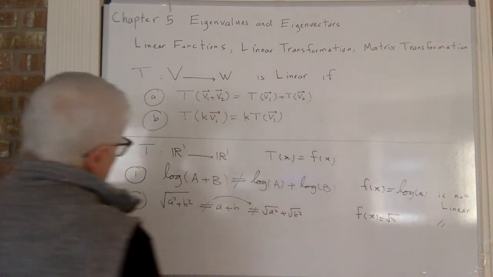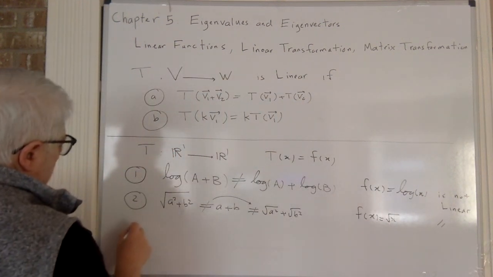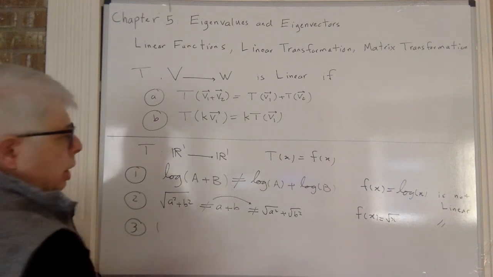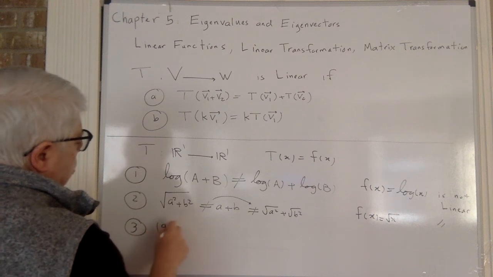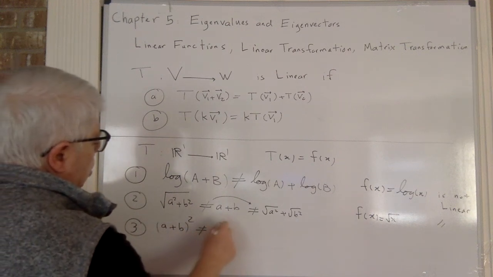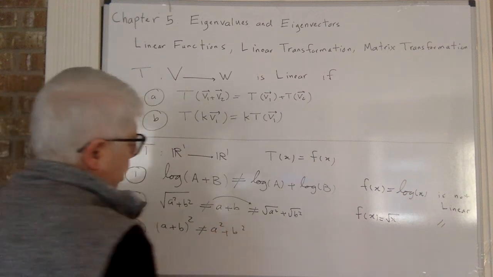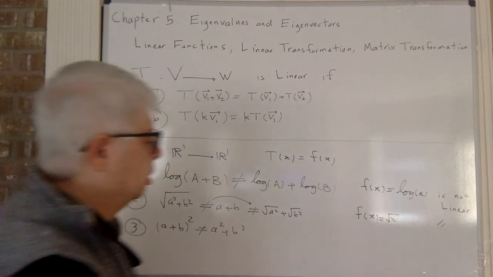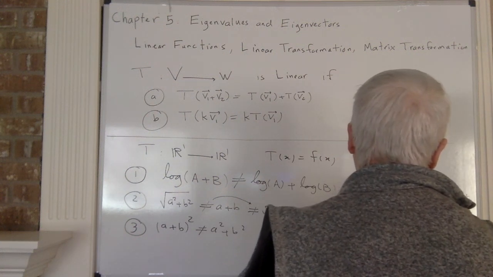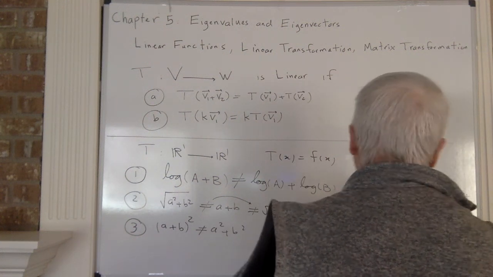Another one which I have seen students do is squaring, say, or raising to some power. Well, this one is not a squared plus b squared, right? So f of x equals x squared is not linear.